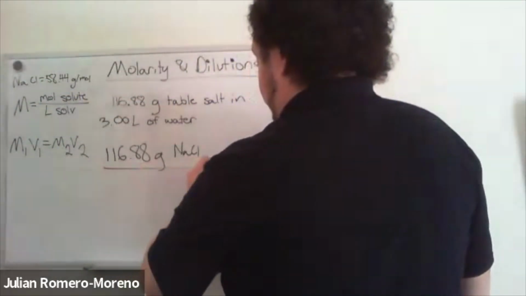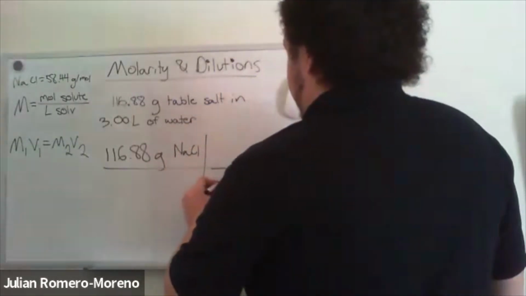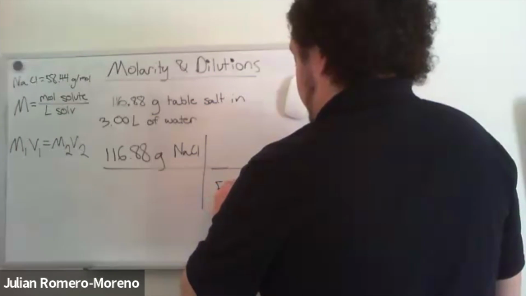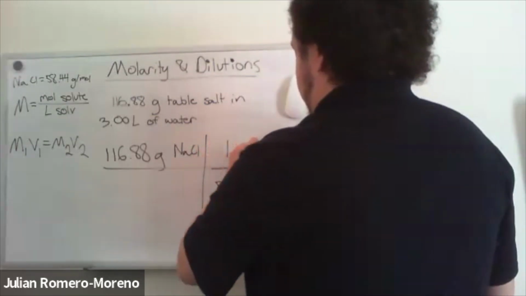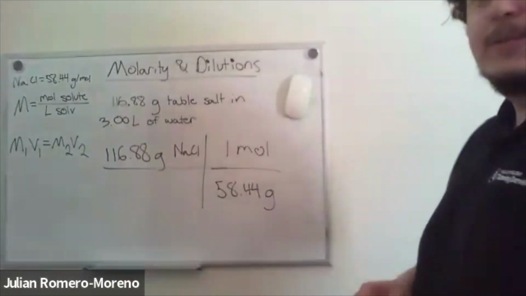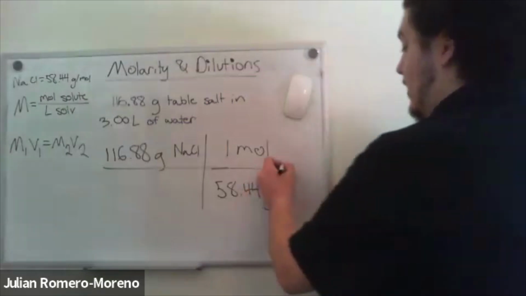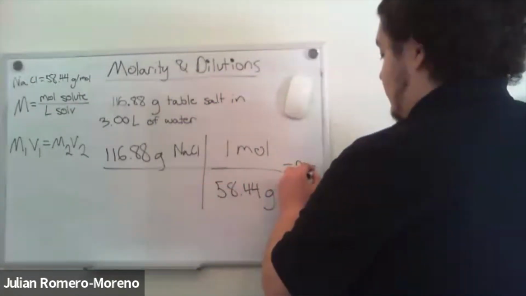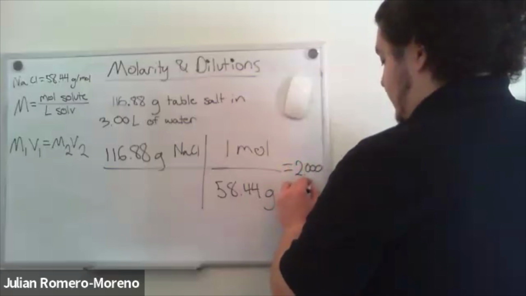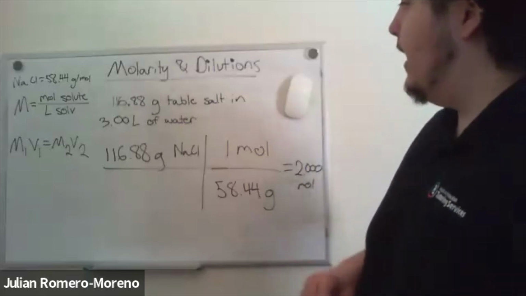So I'll do this little conversion right here. 58.44 grams is 1 mole of table salt. Now, I've specifically chosen this number to be nice and easy. If you do this math, you're going to get 2.000 moles. That is how many moles we have.